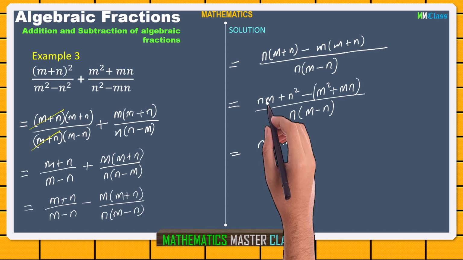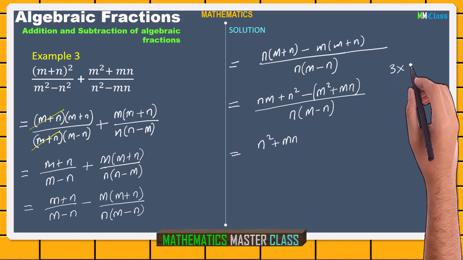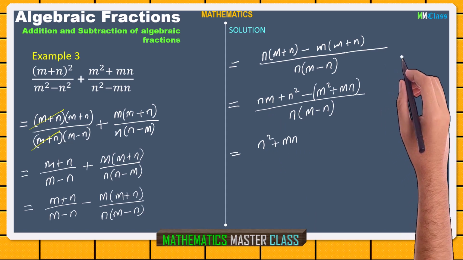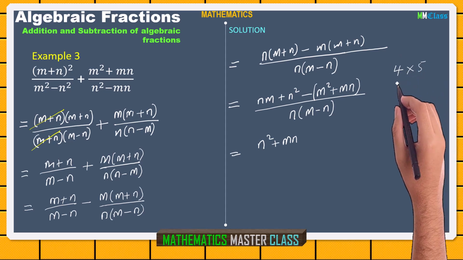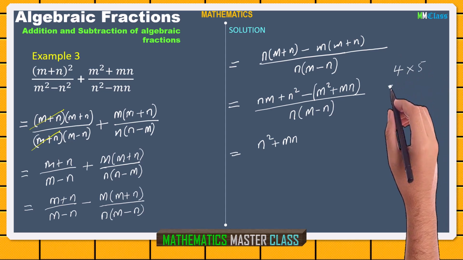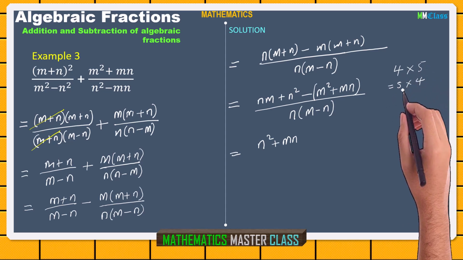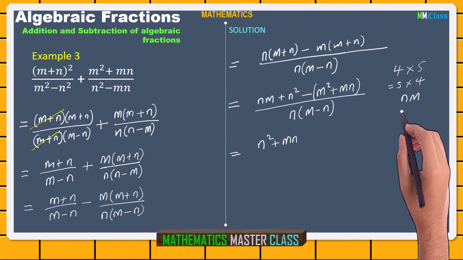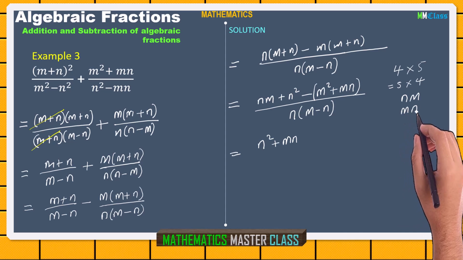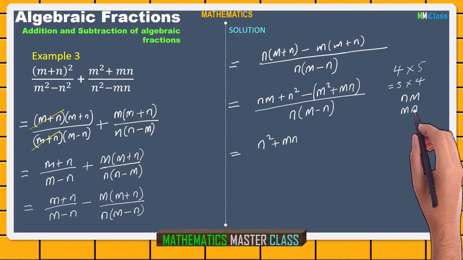If you have 4 times 5, it is the same thing as 5 times 4. The same thing, mn is the same thing as nm. So nm is the same thing as mn. So take note of that.